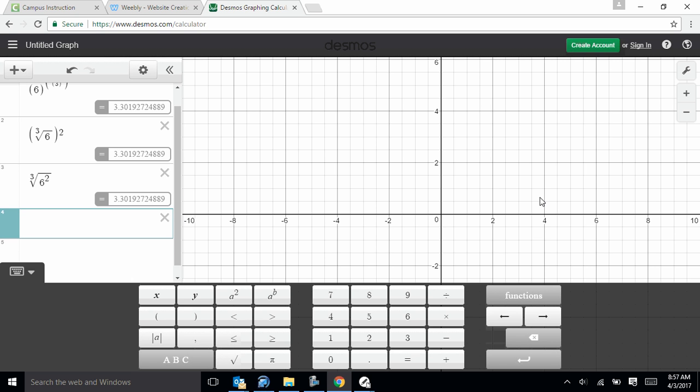So each way we got the same thing. 3.3 is what you should get each time. That gives you 3 different ways to set it up.